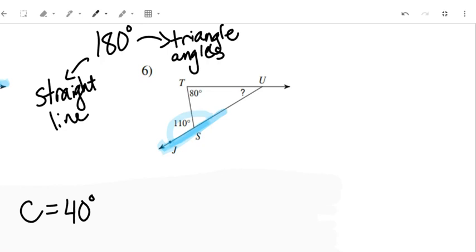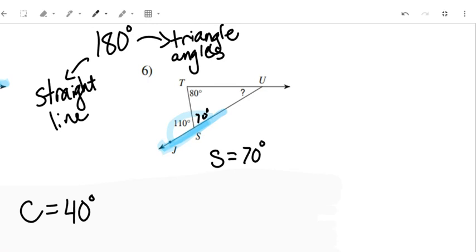Okay, don't forget that. So if this is 180 total, I know that 110 plus 70 would give me that total of 180. So I have found angle S. Great. Angle S equals 70 degrees.